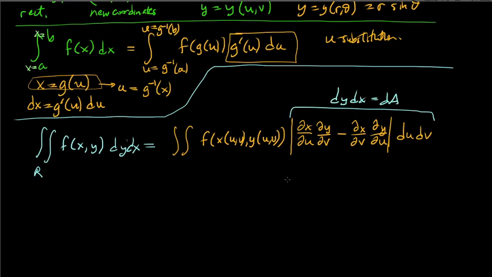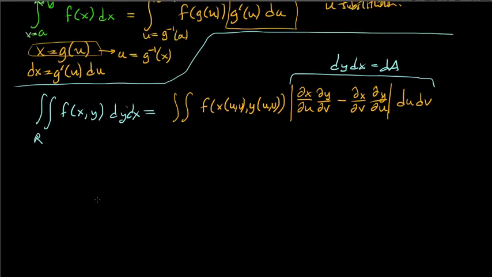All right, so this complicated set of partial derivatives looks weird, but you can remember this in terms of a matrix. If you take the partial of x with respect to u, and then the partial of x with respect to v for the first row, and then the second row is the partial of y with respect to u and the partial of y with respect to v.